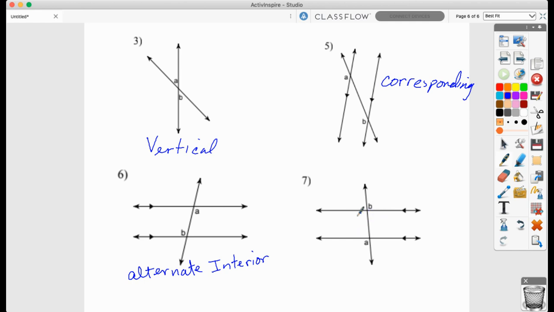Here, still opposite sides of the transversal, but now they're both on the outside of the parallel lines. These would be alternate exterior angles. So alternate interior on the inside, alternate exterior on the outside.